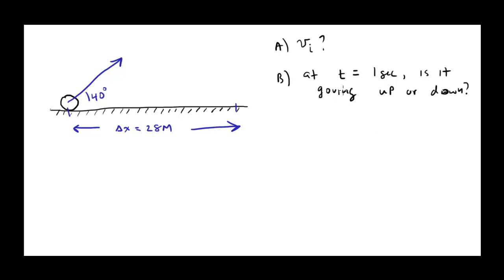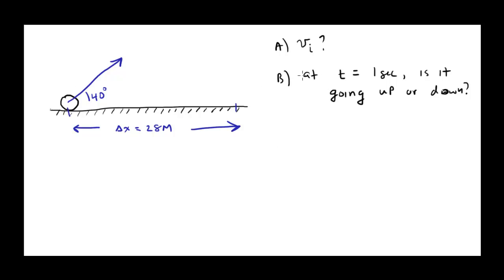That's very messy. I hope you can read that. I think I have an extra letter in there. At 1 second, is the ball going up or down? I don't know how well this is going to work because I'm just making this up. Going up or down. But I'll show you the method anyway.